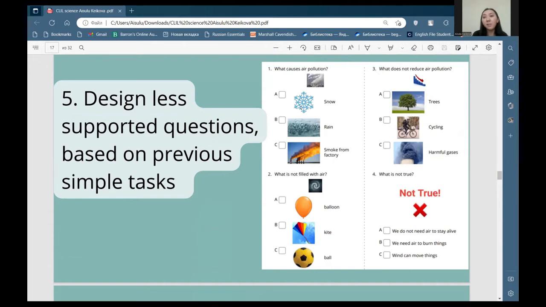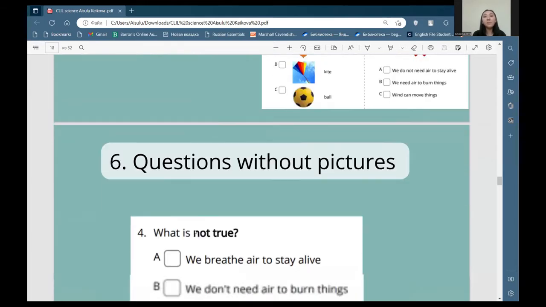From the previous task, they already know that snow or a similar meteorological situation like rain cannot cause air pollution, so it must be smoke from factory. Or, what is not filled with air: balloon, kite, or ball? From the previous exercise, I remember balloons or balls are filled with air while a kite is not. So providing them less support.